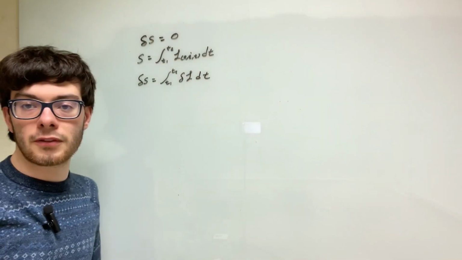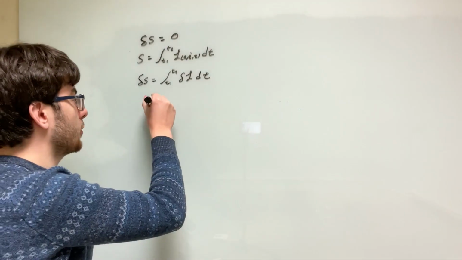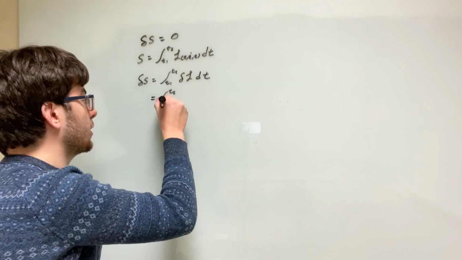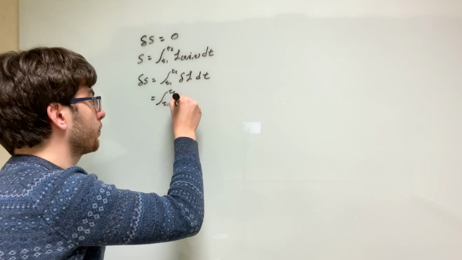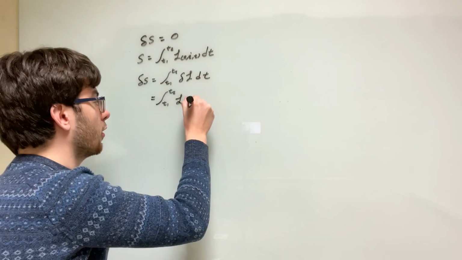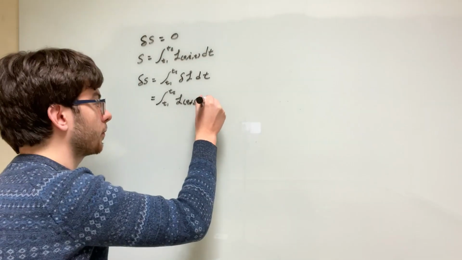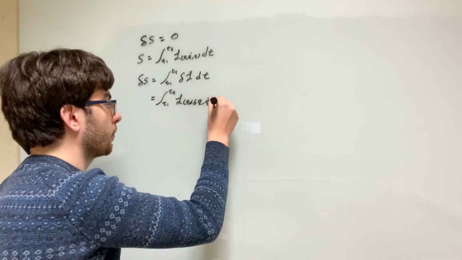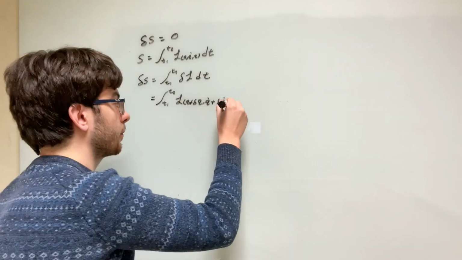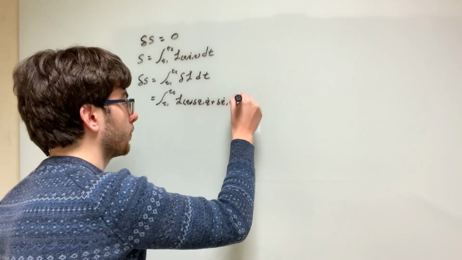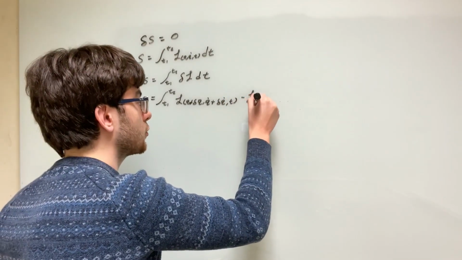And as we discussed previously, the variation in the Lagrangian is simply equal to the Lagrangian of the possible paths minus the Lagrangian of the true path.